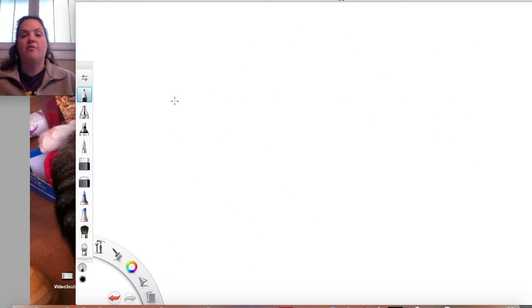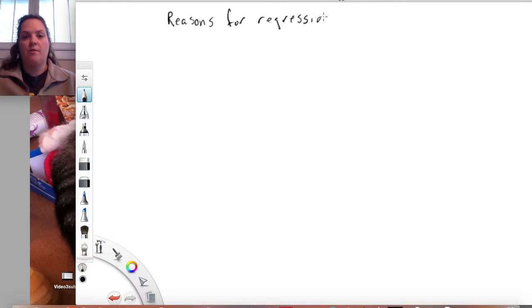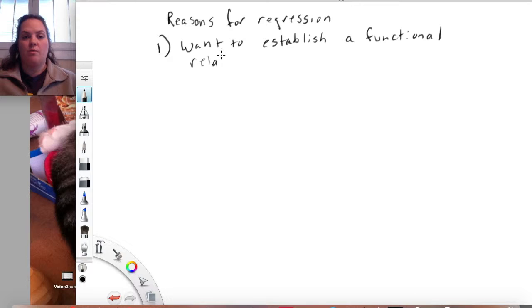All right, so I'm not going to cover all of the reasons we do a regression, but I'm going to cover 3 really important reasons to do a regression. So, reasons for regression. One of the first reasons is that we want to establish a functional relationship between our x and y variable.